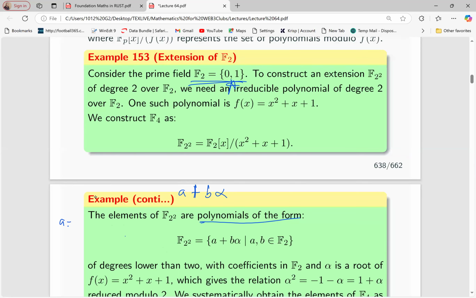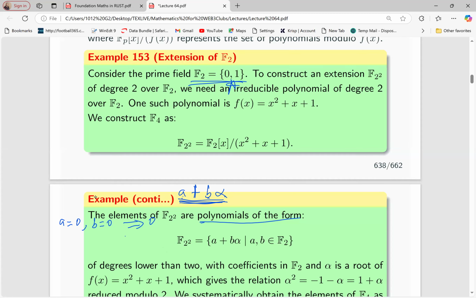For instance, A could be 0, and B could also be 0. So if both A and B are 0, what does the element become? It becomes 0 plus 0 alpha, and that is 0.